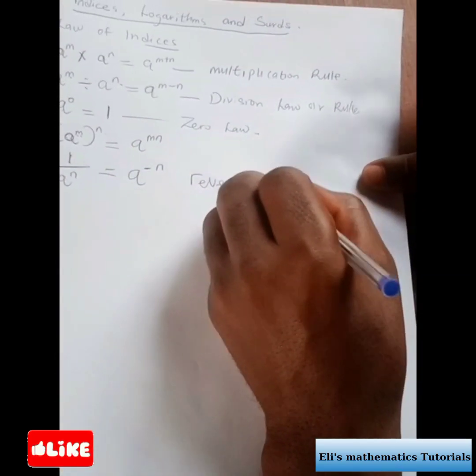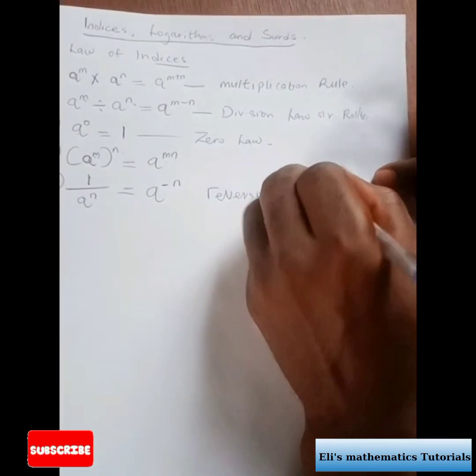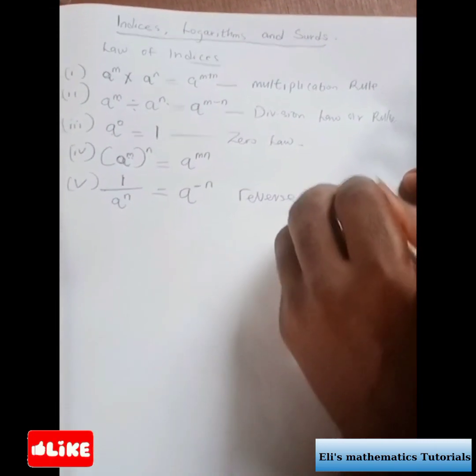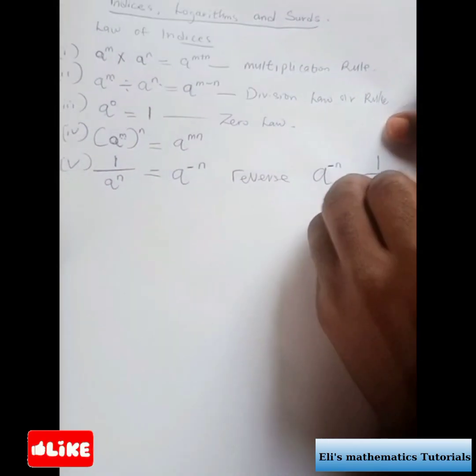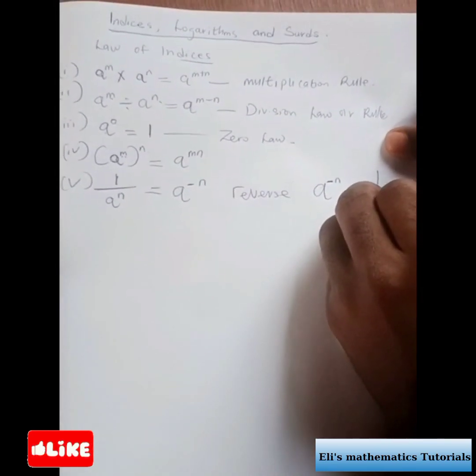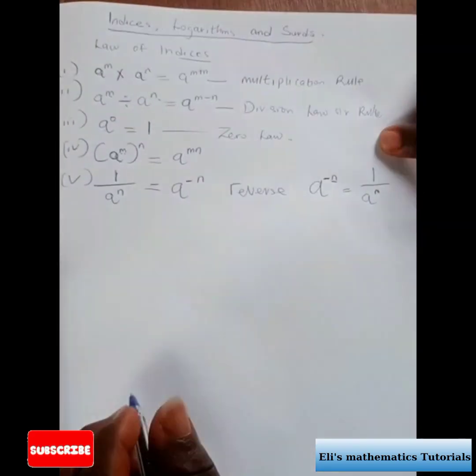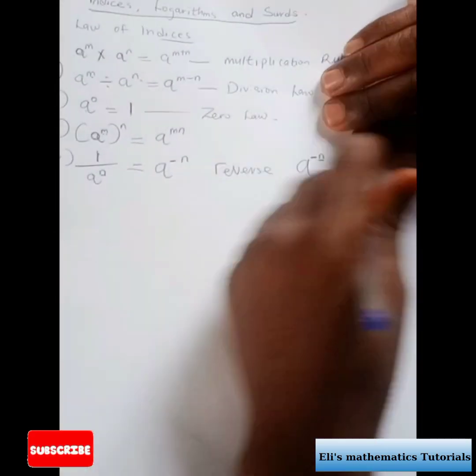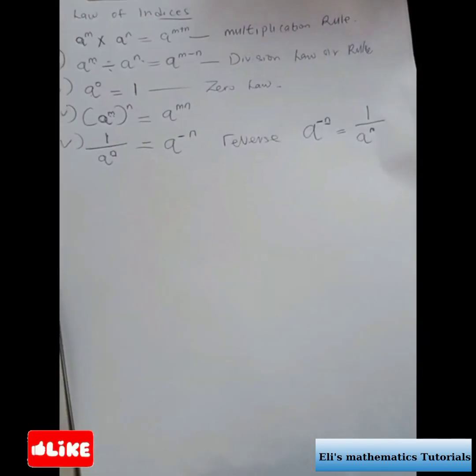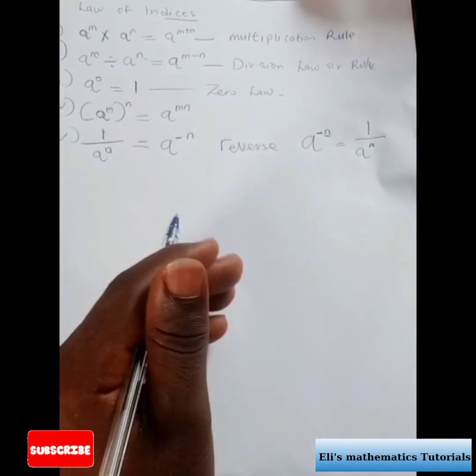It can be a raised to power minus n is equal to 1 all over a raised to power n. n here stands for any number. So these 5 laws, we are going to treat them in this class.